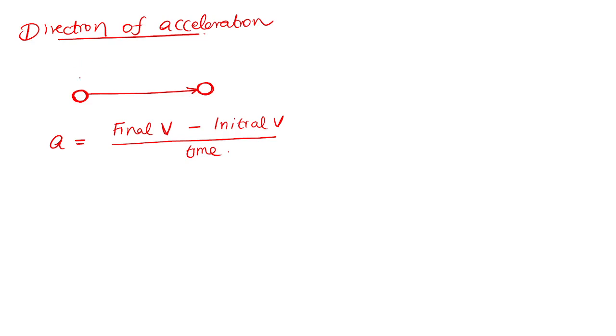Correct? Initial velocity will be there, final velocity will be there. So the acceleration is positive only if, if you have memorized this formula, you can tell me, final velocity is greater than initial velocity.